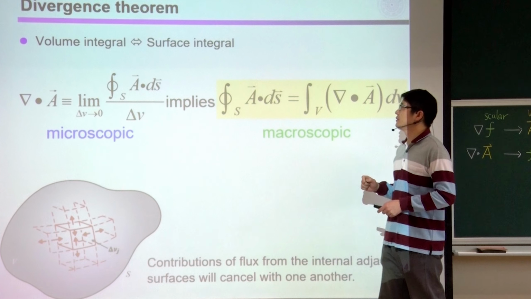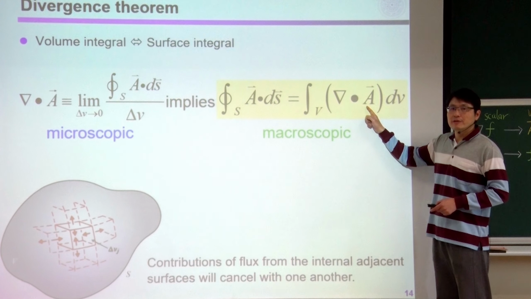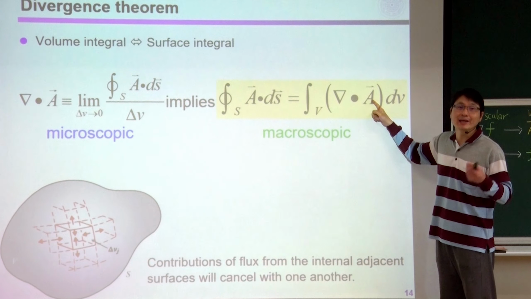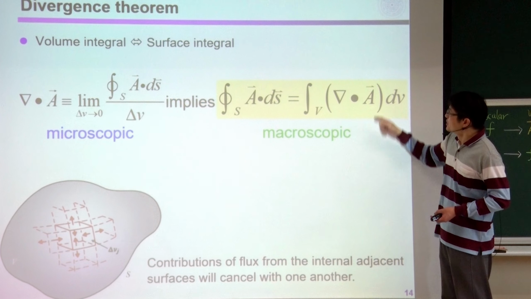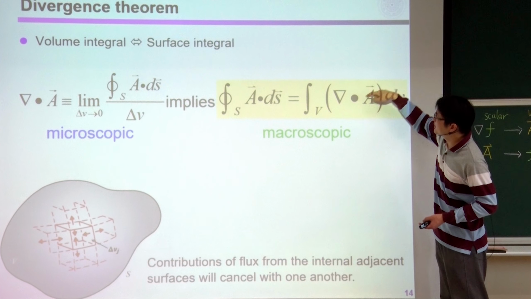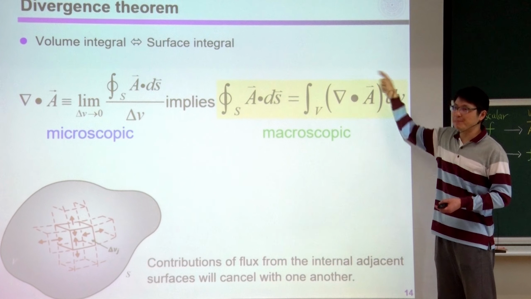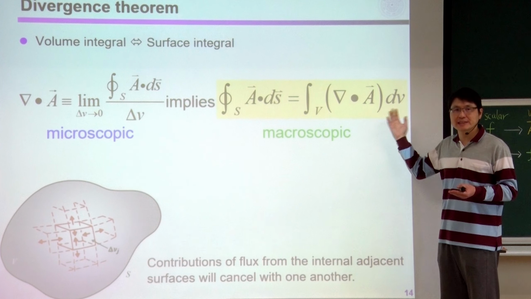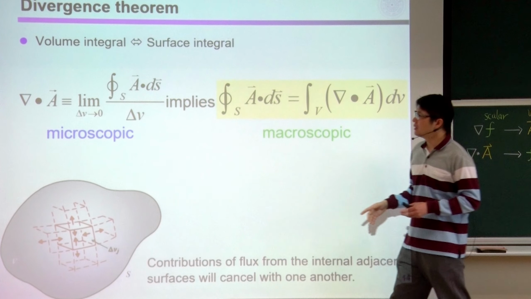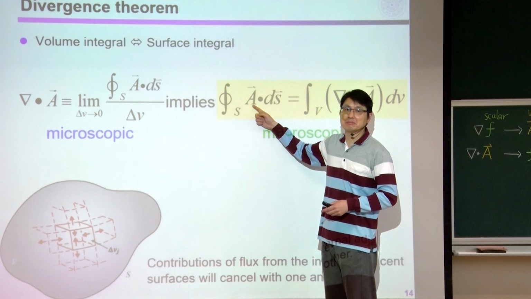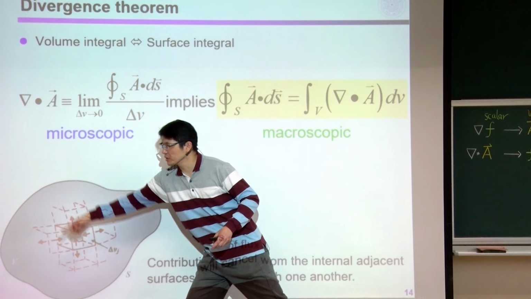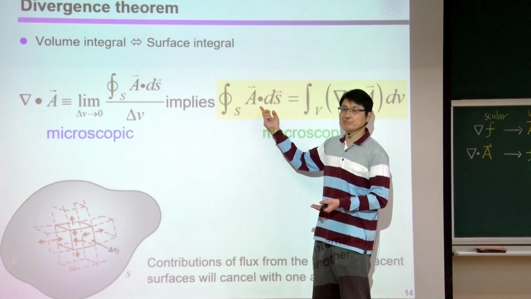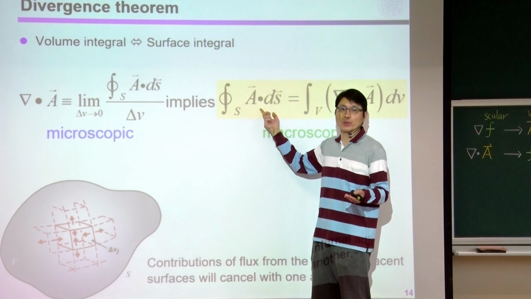Think about it. For you to calculate divergence of A, you need to know A initially, right? So you calculated its divergence, and you perform a three-dimensional volume integration. It takes time. But the same result can be acquired. You know A already. Once you know the structure, you know its surface. You directly perform the closed surface integration.